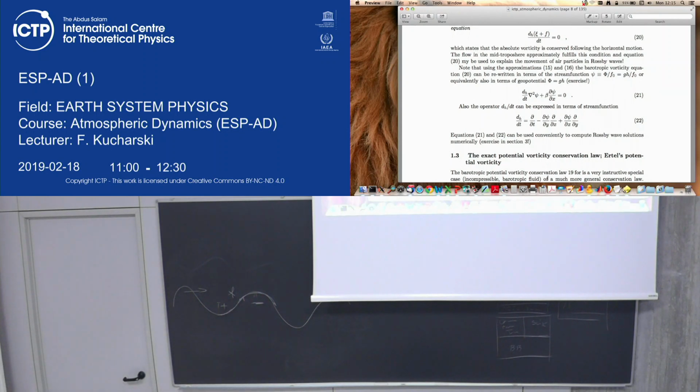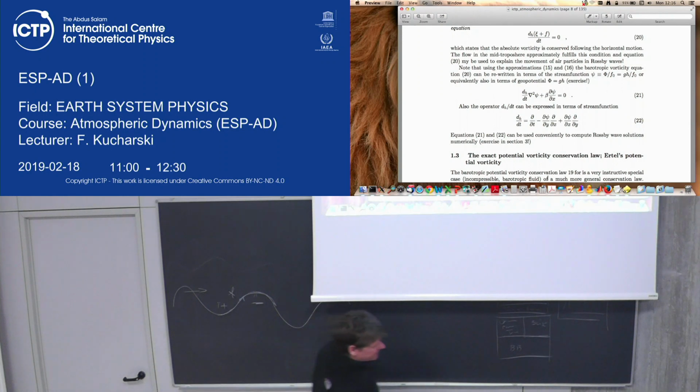And we will look at this in the theory a little bit by considering the dispersion relationship of these waves. Essentially, as you can imagine, these waves propagate depending on mean flow and other characteristics.